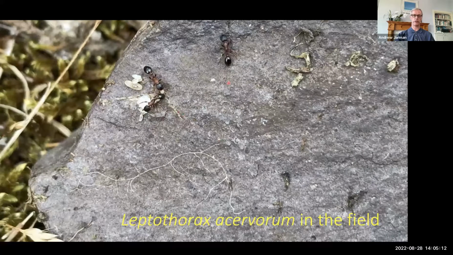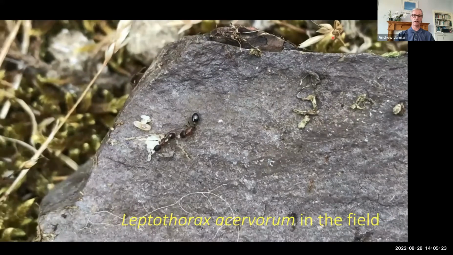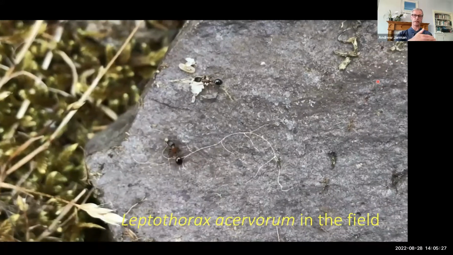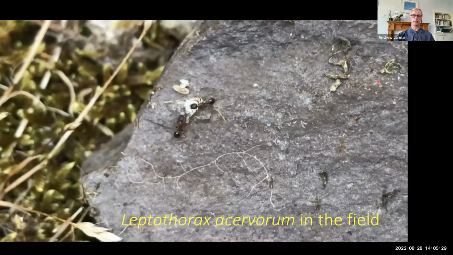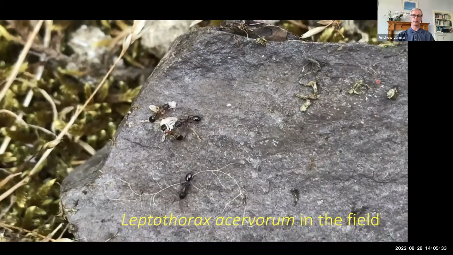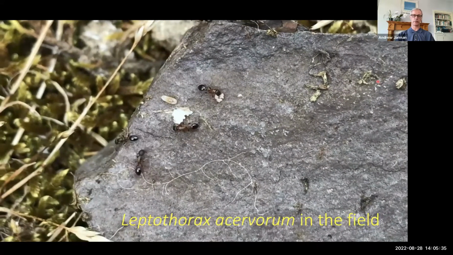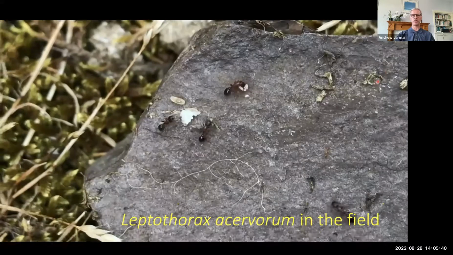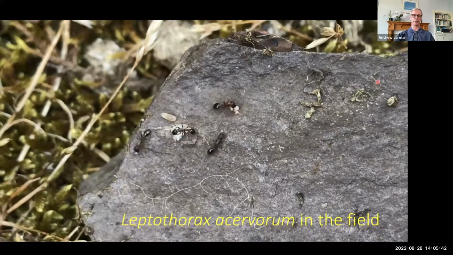And again, hopefully this video shows it, but I fear it's going to be a bit too jerky in the recording. This is Leptothorax under a stone, and hopefully you'll be able to see how it glides along and arcs its body as it's moving across the surface, in a way that's really not the same as how a Myrmica moves. You can see how it kind of snakes its way around a little bit. Once you've seen it, you can't mistake it for anything else. Let's just put it that way.